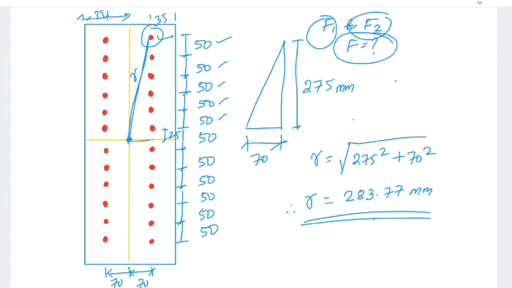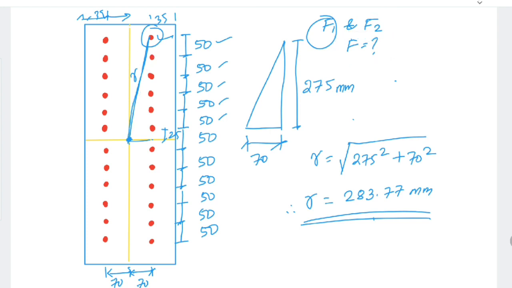If the stress acting on the bolt is less than the bolt value, then I can call it a safe design. So the next step, I'll be finding the sum of the radial distances of all the bolts. That is from the center to all the bolts in one line.